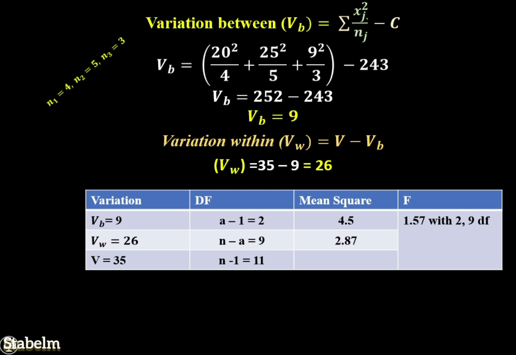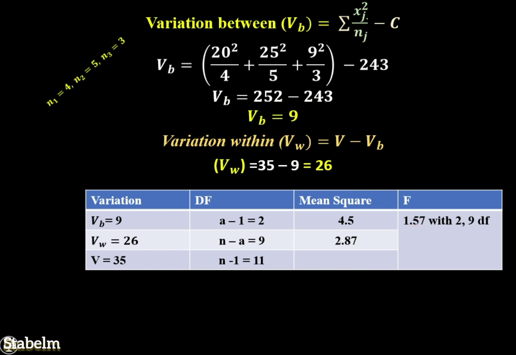And how do we get our F statistics here, which is our value of F? So 4.5 divided by 2.87. 4.5 divided by 2.87 gives us 1.57, and that is our F statistics.